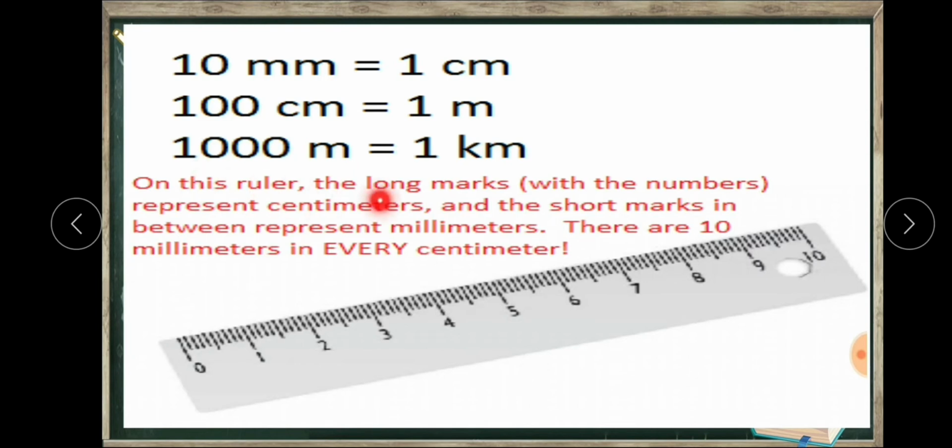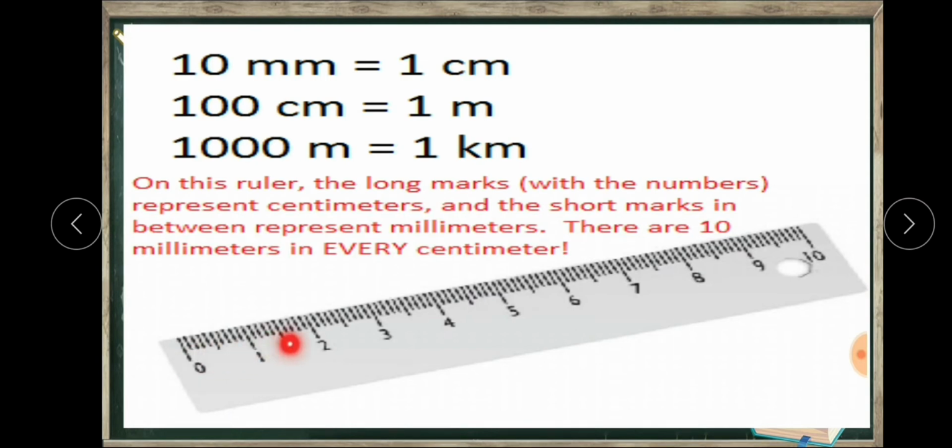Okay, and here also it is given that on this ruler the long marks with the numbers represent the centimeters. These marked numbers 0, 1, 2, 3, 4, 5, 6 are centimeters, and the short marks in between, you can say small lines, represent millimeters.